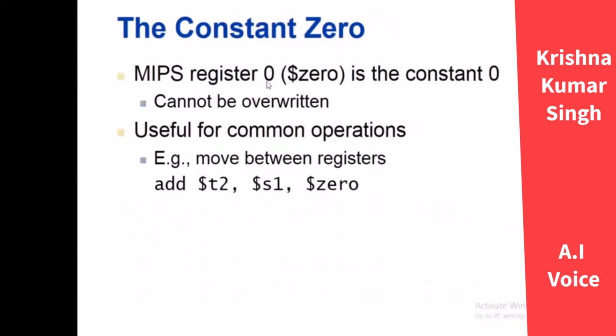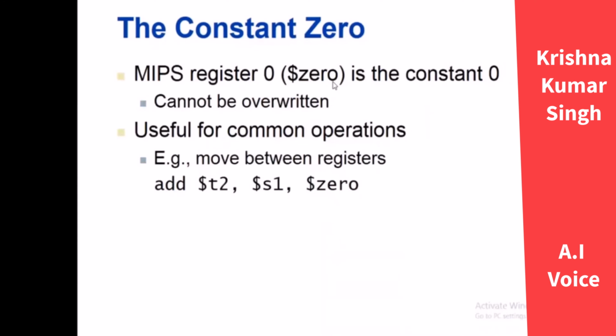There is a special register in the MIPS register file, register 0, $zero, which can also be used in this format, $0. This register always contains the constant value 0 and you cannot change it; it cannot be overwritten.